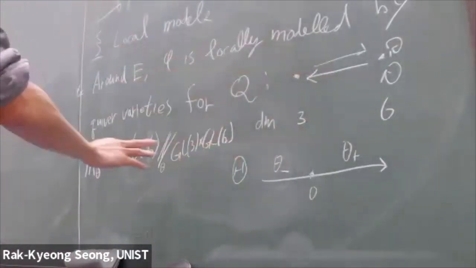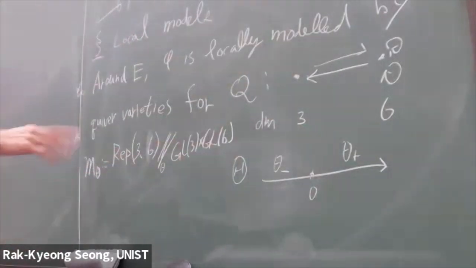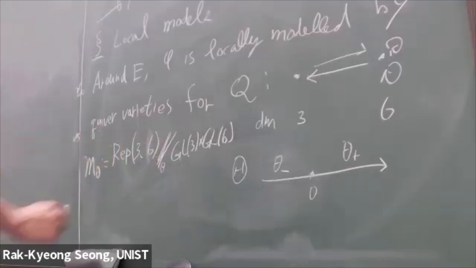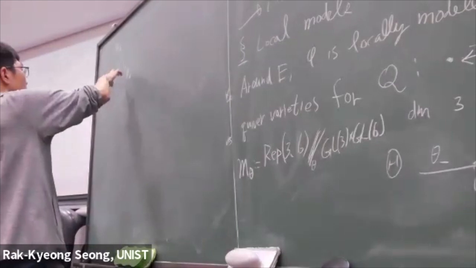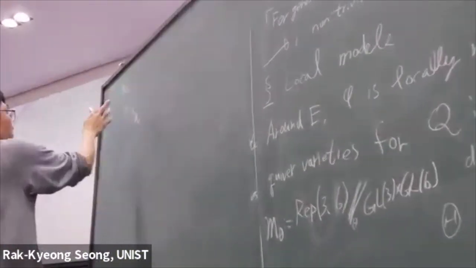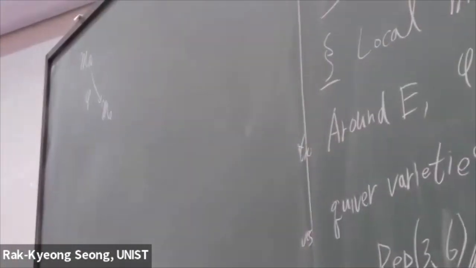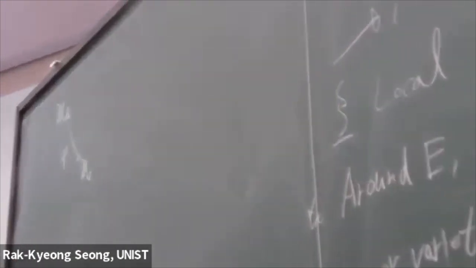This is a double quiver, so the representation space has a natural symplectic structure. We can consider its hyperkähler quotient. And so the phi between the moduli spaces is locally realized as a morphism between the quiver varieties obtained by the variation of the stability parameters.